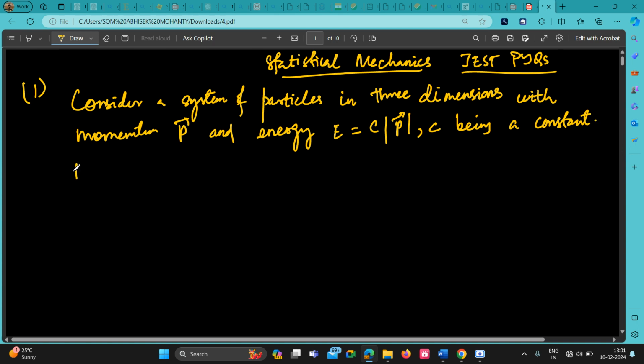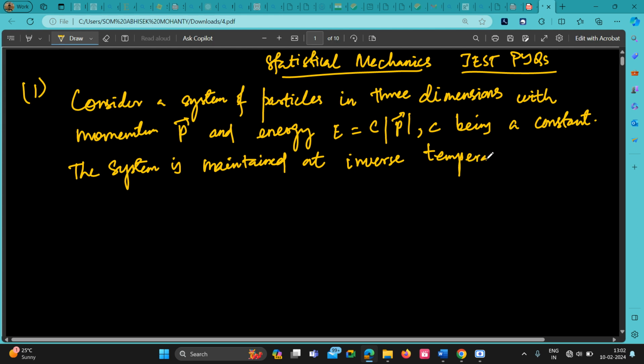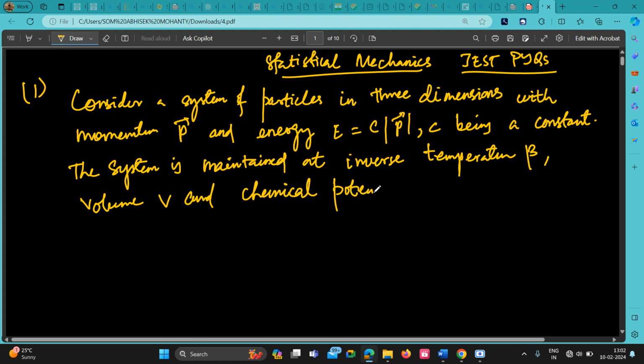The system is maintained at inverse temperature beta, volume V, and chemical potential mu.